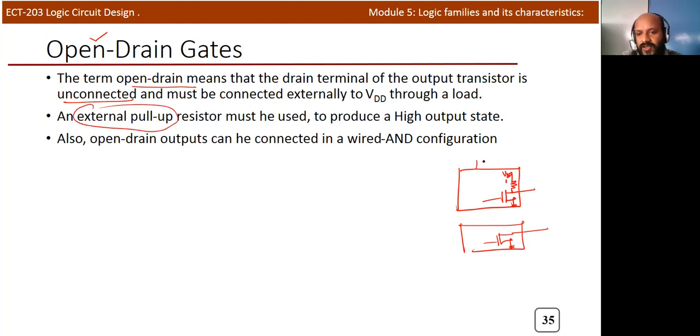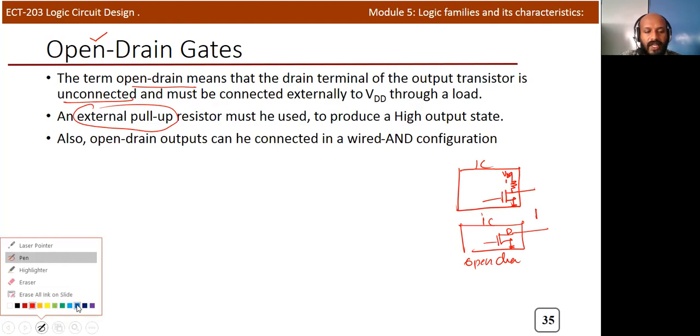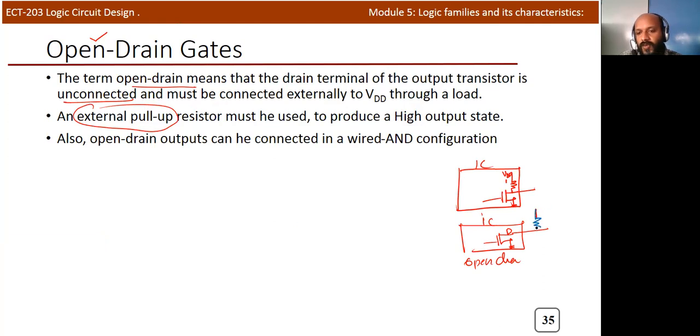So this is actually an IC. Here also you can see some IC. If it is an open drain configuration, the IC output terminal, the drain terminal of the transistor, is unconnected to VDD. So we need to use an extra resistor externally to the VDD. That configuration is an open drain.